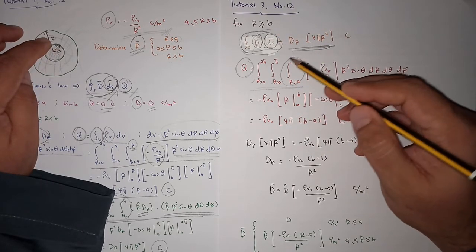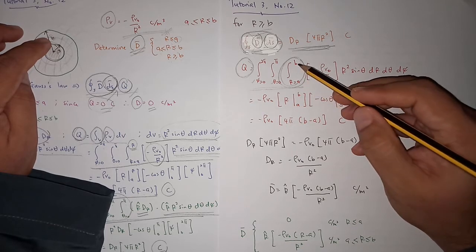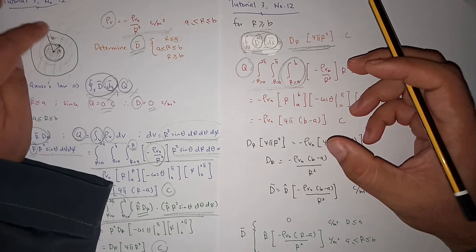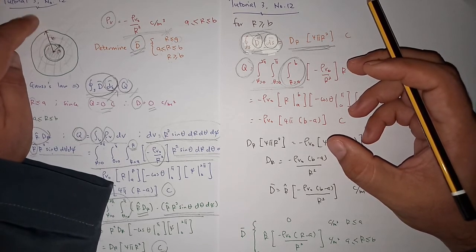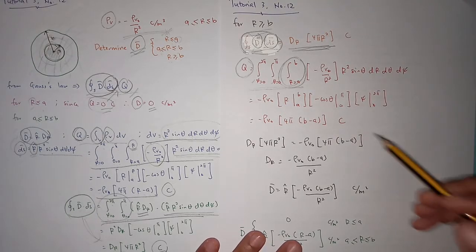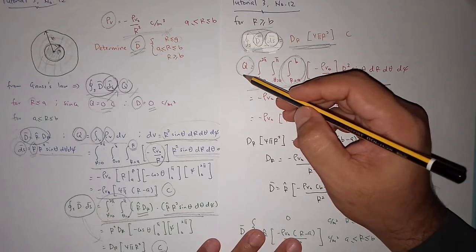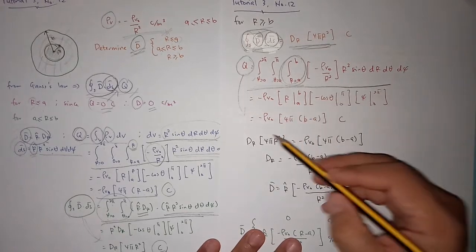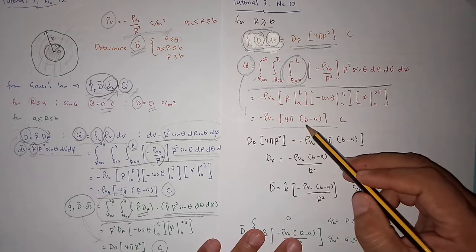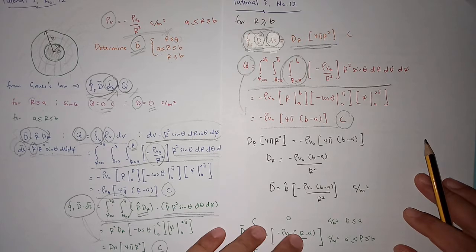That's why in this particular case, the limit for r is only considered from a to b, even though the area that we are considering extends beyond the value of b. By solving this expression, the total charge is given by minus rho v naught 4 pi (b minus a), and the unit for this is coulomb.